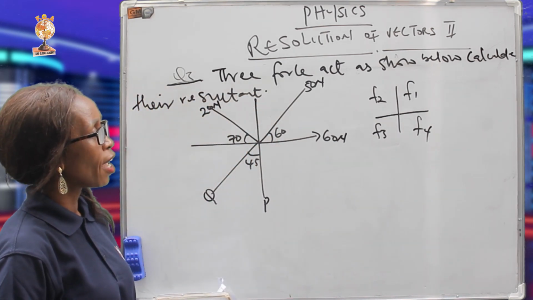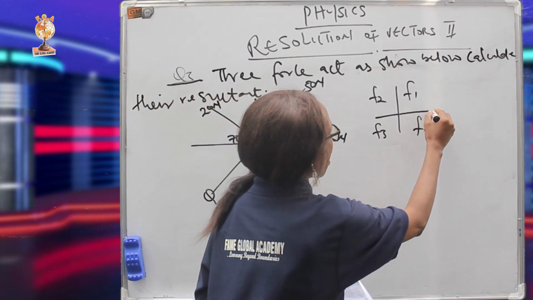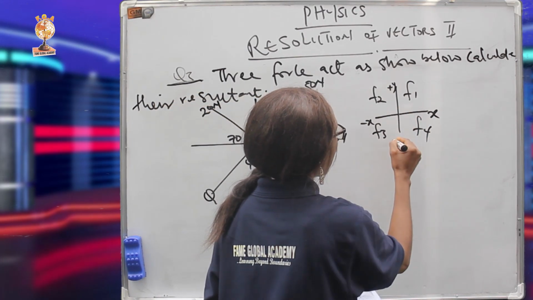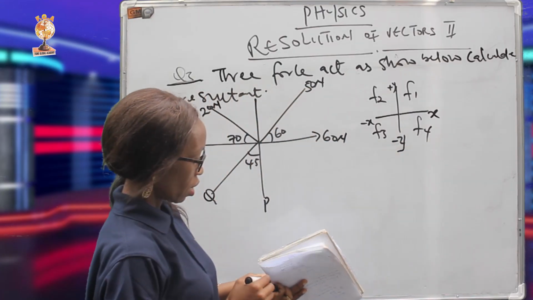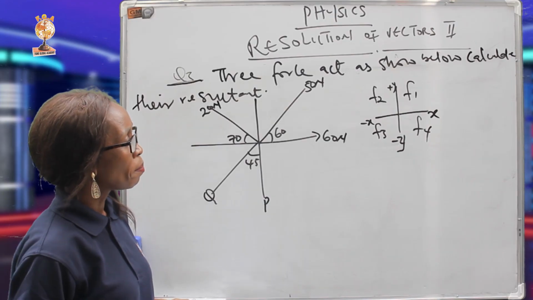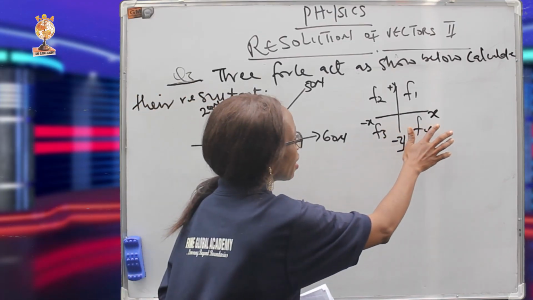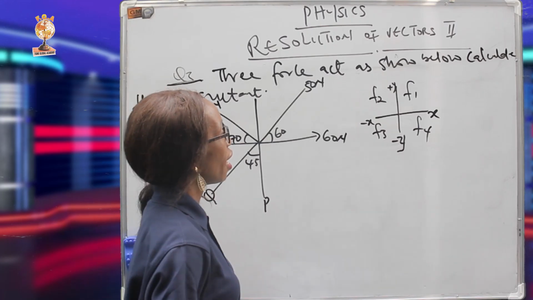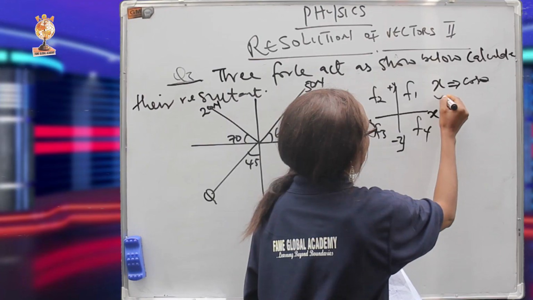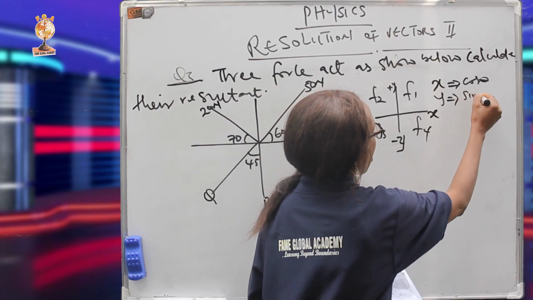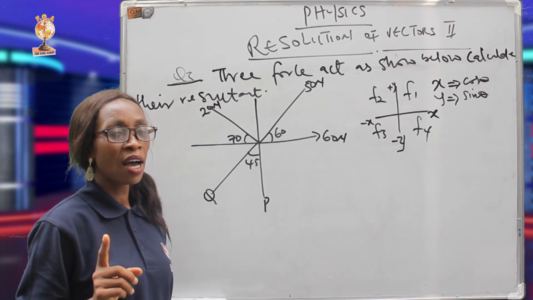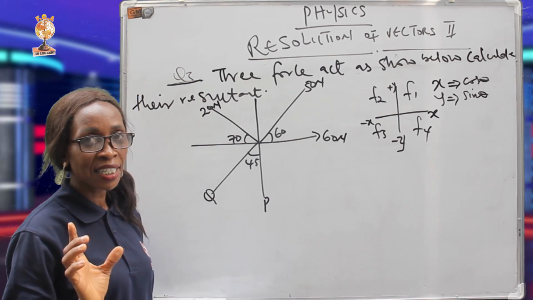Then this is your positive X, this is your negative X, positive Y, and negative Y. Having done that, remember all the X coordinates are cos theta, and the Y coordinates are sin theta.